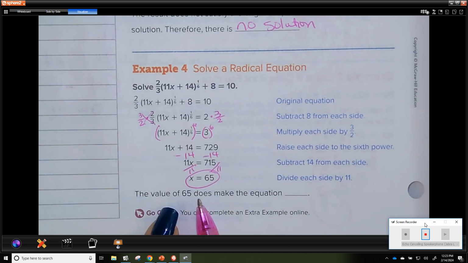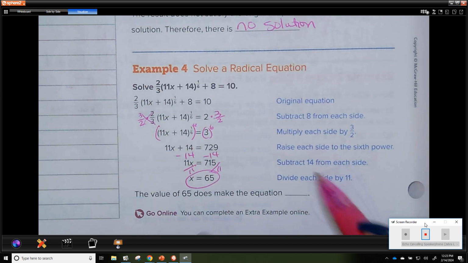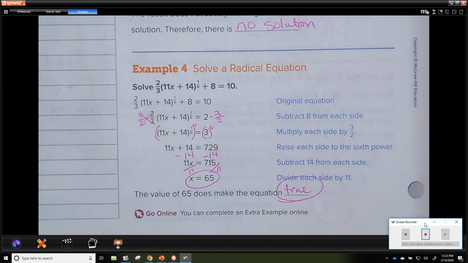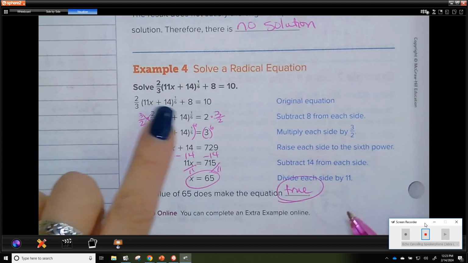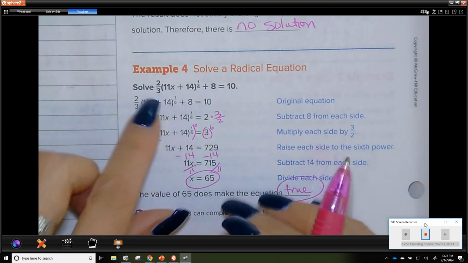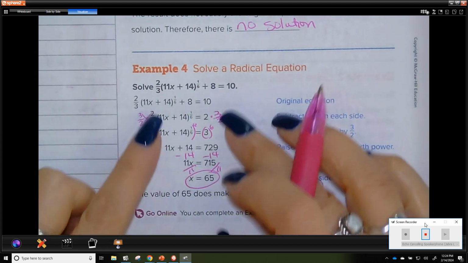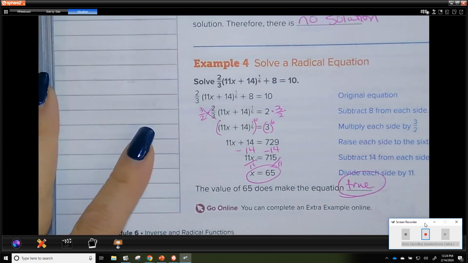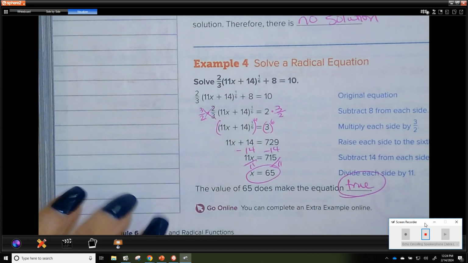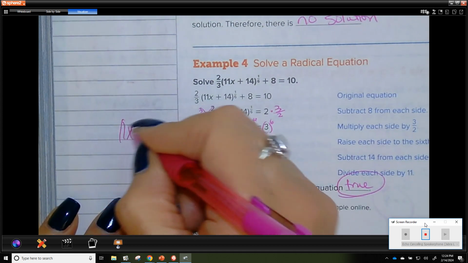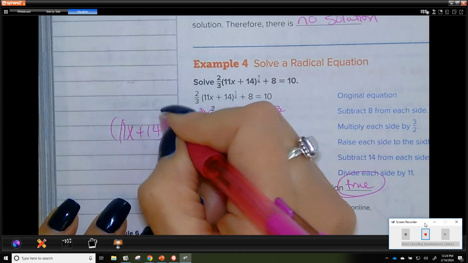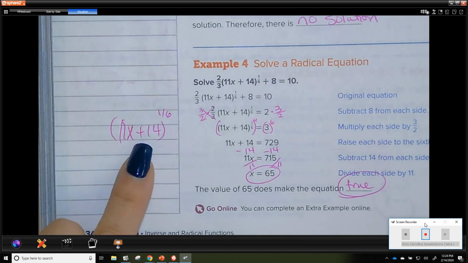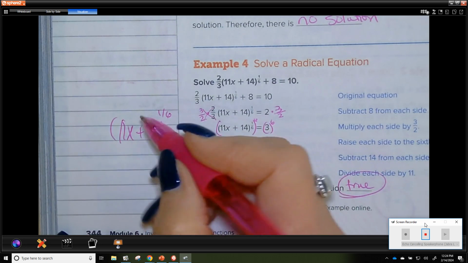They're saying it does make the equation true, and let me show you the point that you want to check for sure. When you check, you should go back to the original, because if you made an error along the way, it's going to cause a problem. But in the original, this 11x plus 14 to the 1/6, since it's an even power, I can't have a negative number inside that radical.